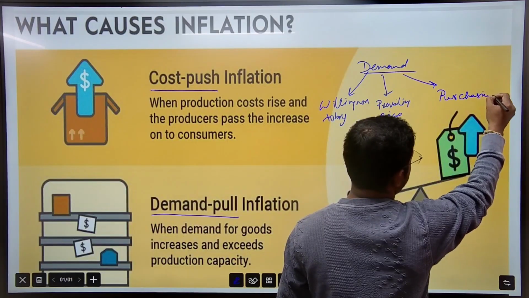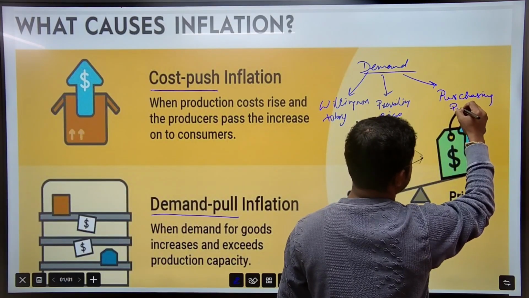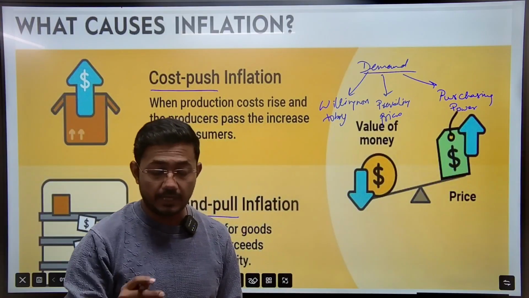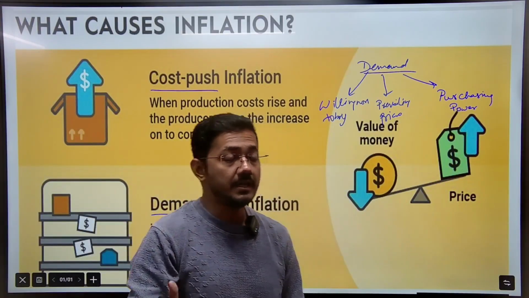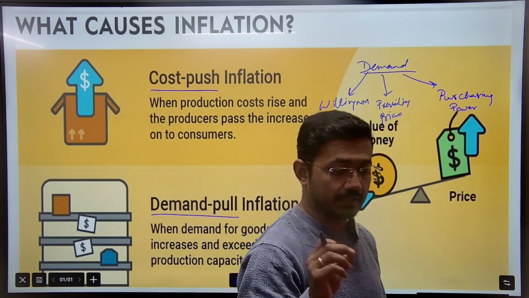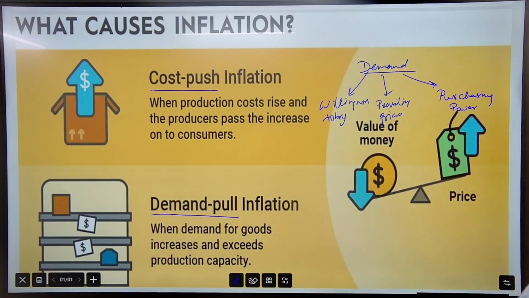If you want something at prevailing prices, do you have the capacity, that much amount of money, to purchase? If the three things are satisfied for the product, then we can say there is demand.